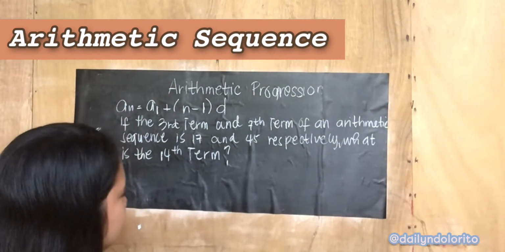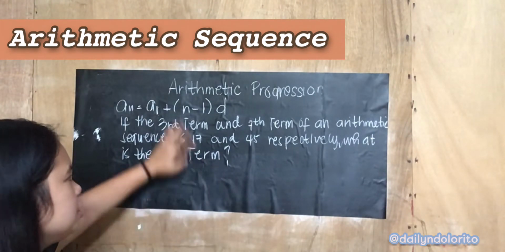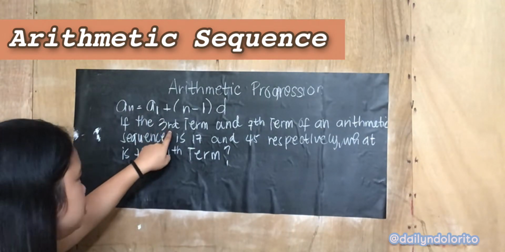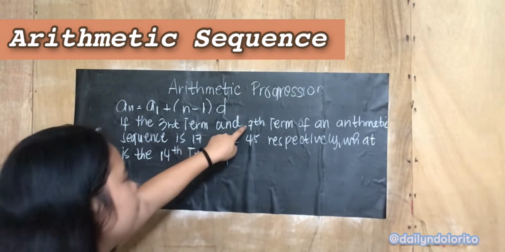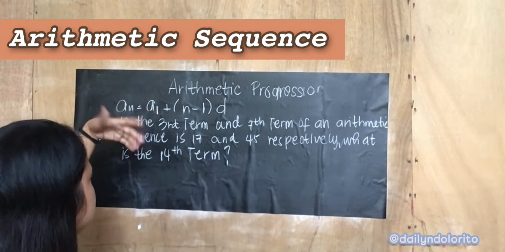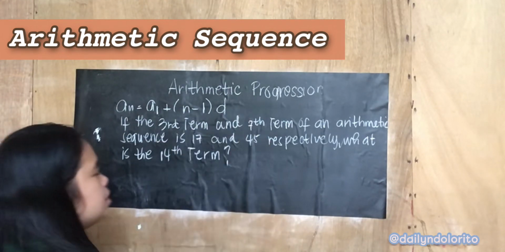So actually, we're going to first analyze what is being asked. We are asked to find the 14th term by only using the data that are given to us, which is the third term is 17 and the seventh term is 45. So let's first take a look at the terms that we are given, third and 7.